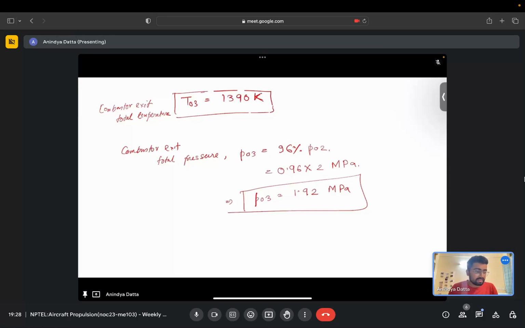Since the fuel air ratio is generally less than or equal to 2%, the mass flow rate of air plus the mass flow rate of fuel is approximately equal to the mass flow rate of air. So using the mass flow rate of air for computation is a reasonable assumption, and it doesn't make much numerical difference.